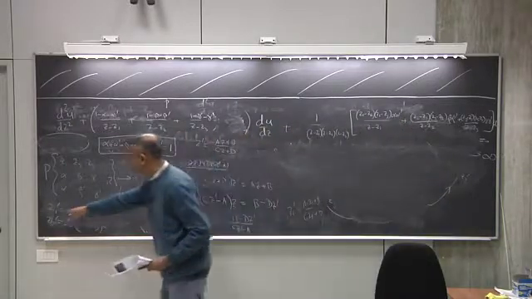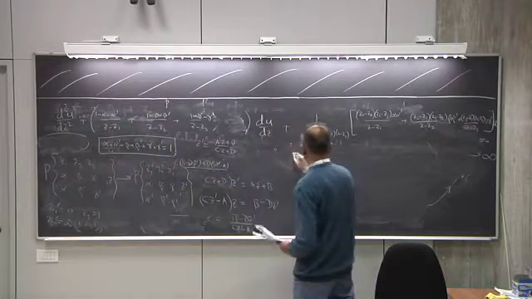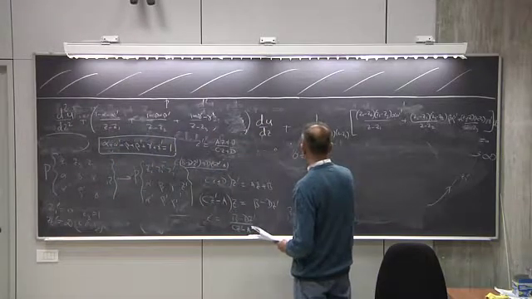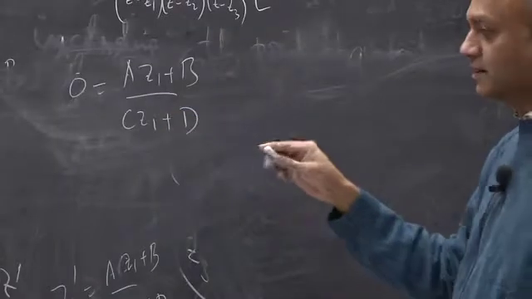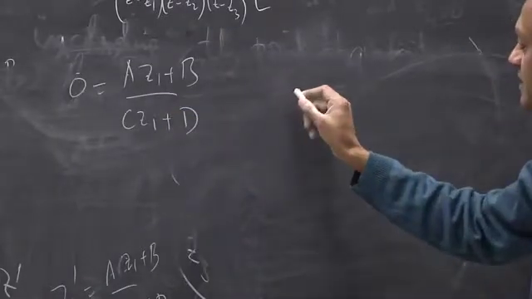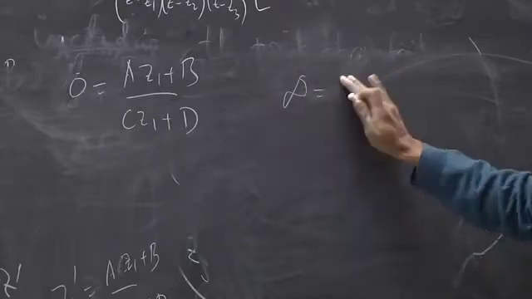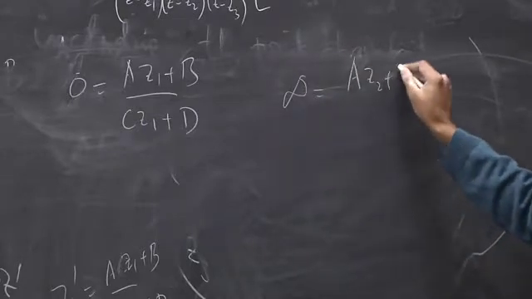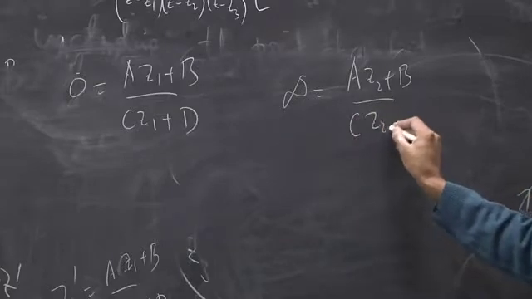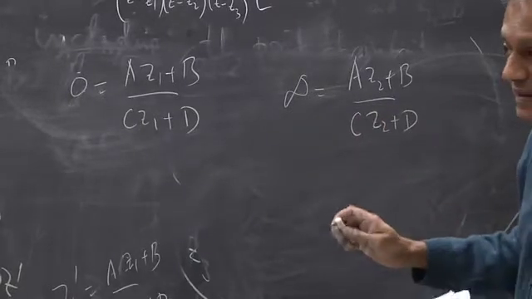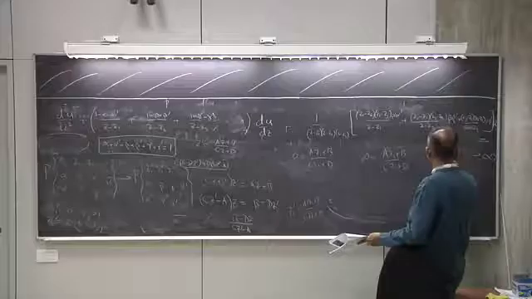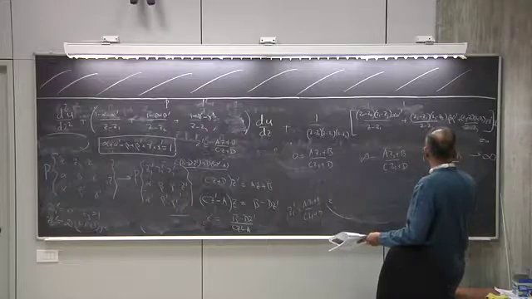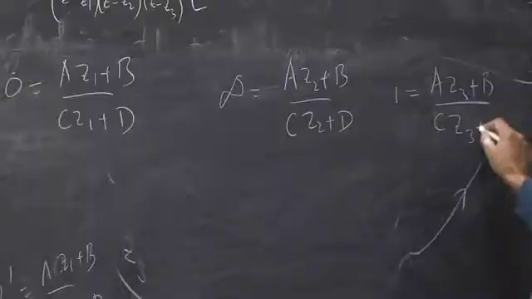So, for example, let's say that z1 prime I want to be equal to 0, right? So we have the equation 0 equal to A z1 plus B over C z1 plus D. Now, z2 prime should be infinity, so infinity is equal to A z2 plus B divided by C z2 plus D. And finally, z3 prime is 1, so 1 equals A z3 plus B divided by C z3 plus D, right?